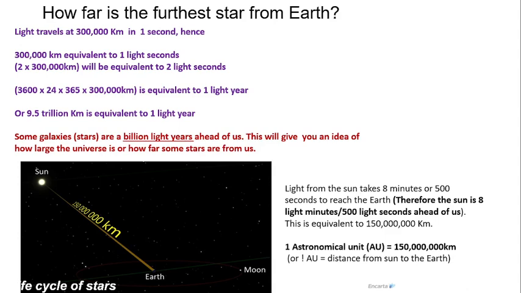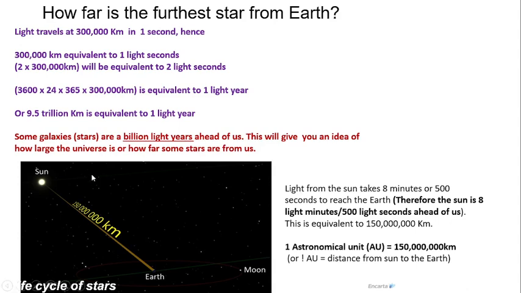Light from the sun takes 8 minutes, or 500 seconds, to get to us. We can therefore say that the sun is 8 light minutes or 500 light seconds away from us. When you do the maths involved, you will discover that 500 light seconds is equivalent to 150 million kilometers, and that distance is what we call the astronomical unit.